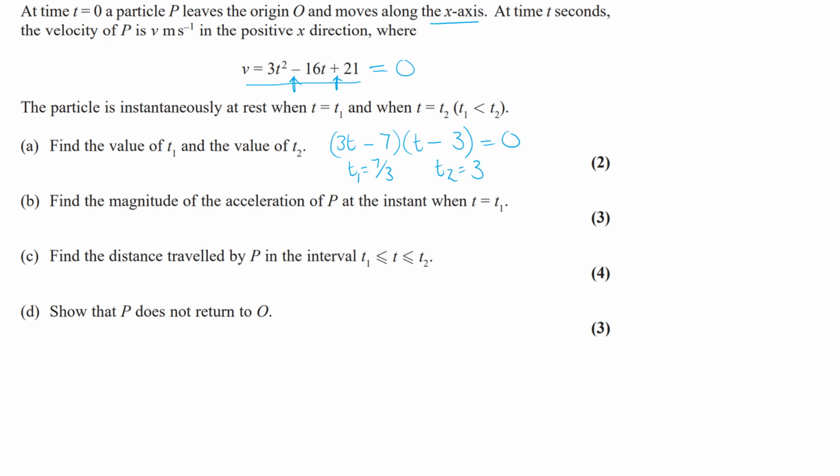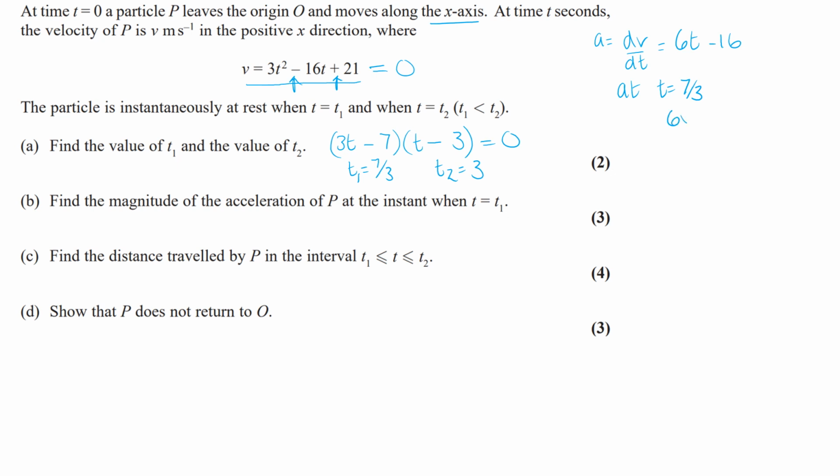So in part B, find the magnitude of the acceleration. So to find the acceleration, we need to differentiate. It's going to be dv by dt. It's the gradient of the velocity time graph. So differentiating, we're going to get 6t minus 16 and then find it at t equals 7/3.